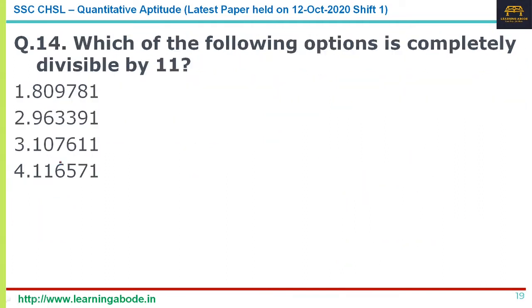Question number 14, it's a very simple question. Among the given 6-digit numbers, we have to find which one is exactly divisible by 11. Now we know the divisibility test for 11. Suppose I take a simple 3-digit number: the sum of the numbers in the odd position minus the sum of the numbers in the even position should be 0 or a multiple of 11.